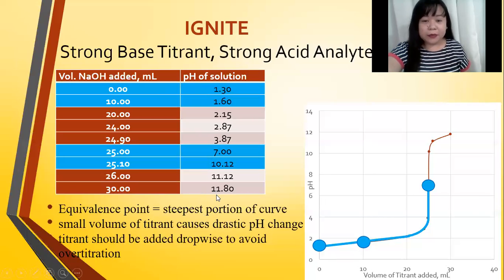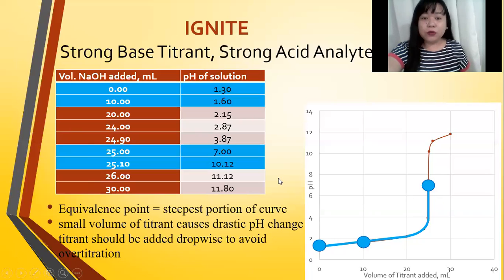For that problem, we were already given the initial concentration of the analyte for the purpose of being able to plot the titration curve. So in this lesson, we are studying the titration curve. We are concerned with the behavior of the pH during different stages of the titration.